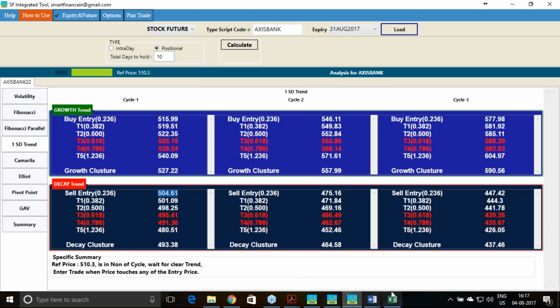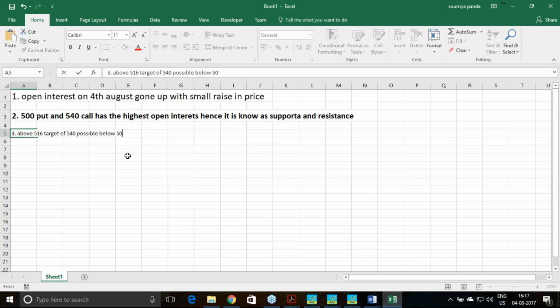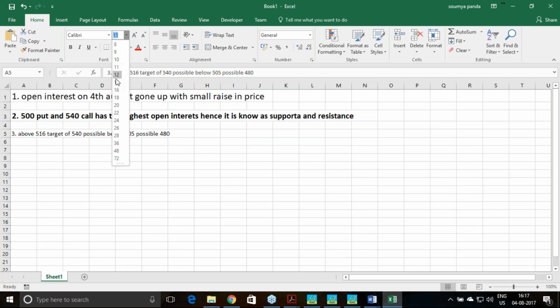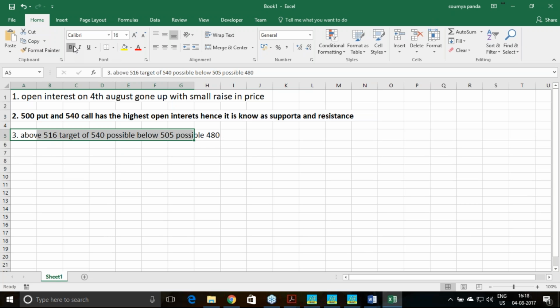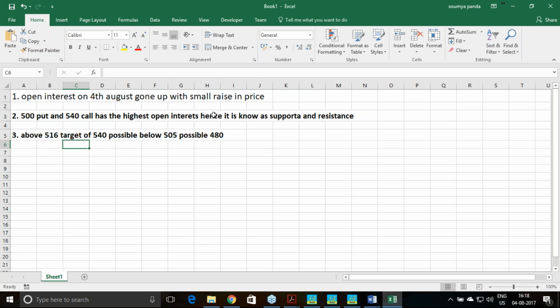Let's see the calculation: below 505, 480, the possible price is 480. So these are the three conclusions we have derived.